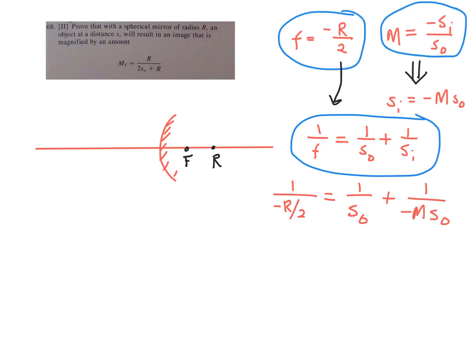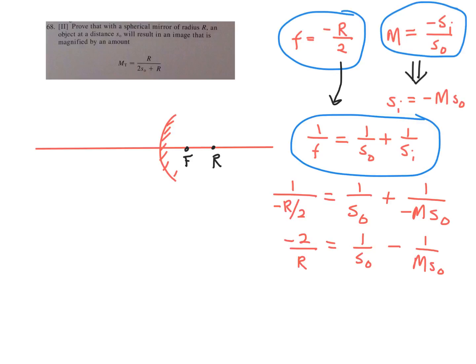There's probably faster and slower ways to do this, but let's try to clean this up a little bit. On the left-hand side here, 1 over negative r over 2 is the same as negative 2 over r, equals 1 over s sub o plus, or you could even say minus, 1 over m times s sub o.